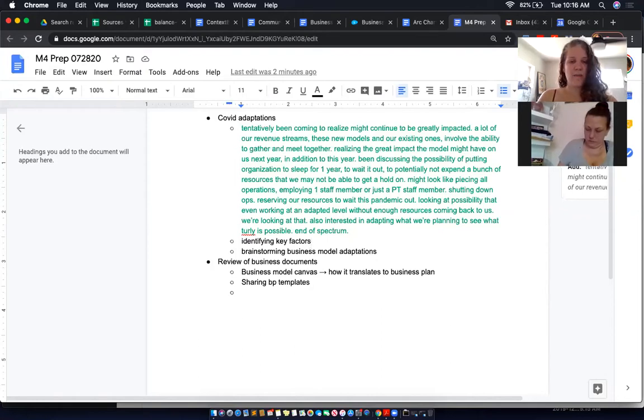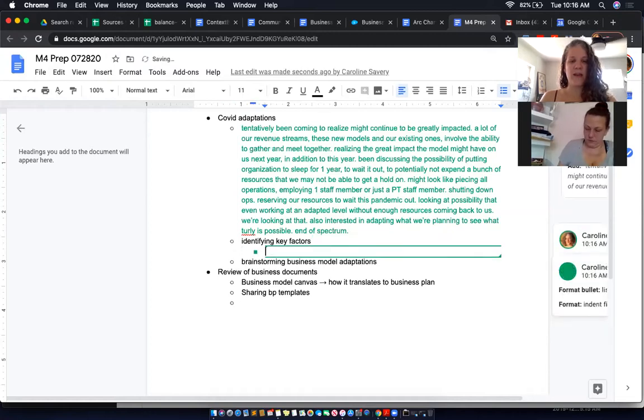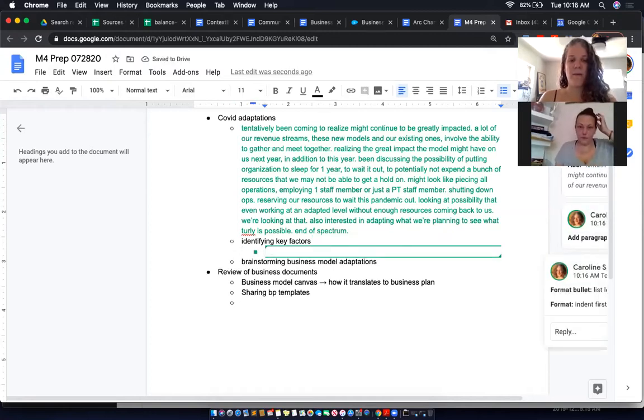So let's start by identifying the key factors. What do we know about COVID-19 in terms of business regulations, restrictions, safety, insurance? Let's list some of that and identify those key factors.